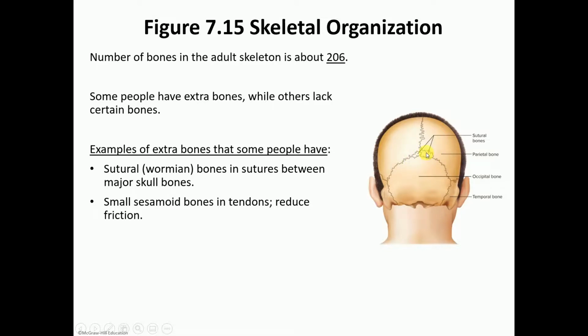Most individuals have two parietal bones and an occipital bone, while some have a little tiny bone connecting all three of these together, and that is known as a sutural or a Wormian bone. We've also got little bones embedded in tendons, like small sesamoid bones, and those are to reduce friction. The patella is a big sesamoid bone that we all have, but there are other sesamoid bones that some of us have and some of us do not. But again, on average, the majority of us will have 206 bones.